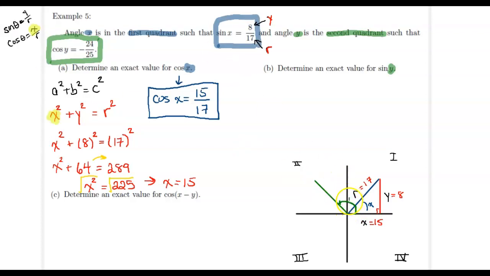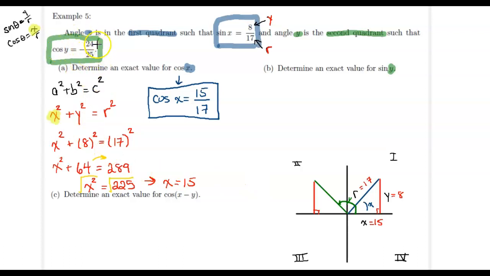That is my angle y. When I then move on to label some of my sides, we'll connect it down to the bottom, just like normal, to make our right angle triangle. And now we can label our sides.